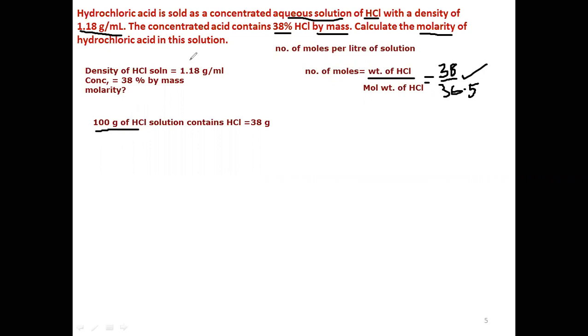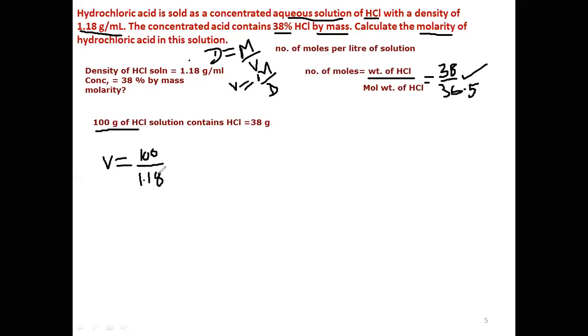Volume we can easily calculate from the relation density is equal to mass per unit volume. So volume is equal to mass divided by density. So mass is how much? 100. Density is 1.18. So volume of solution which contains 38% HCl by mass is 100 divided by 1.18.